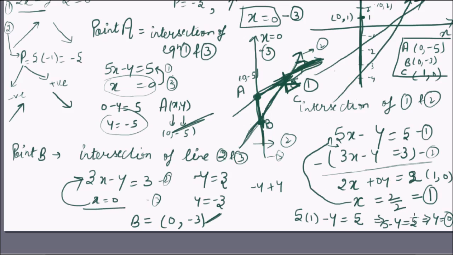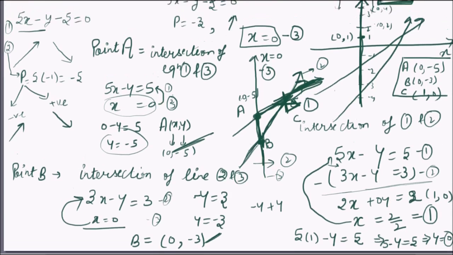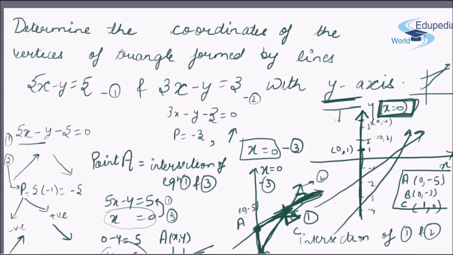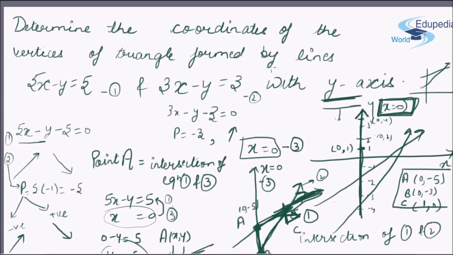So the vertices of the triangle formed by lines 1 and 2 with y-axis are 0, minus 5, 0, minus 3 and 1, 0.